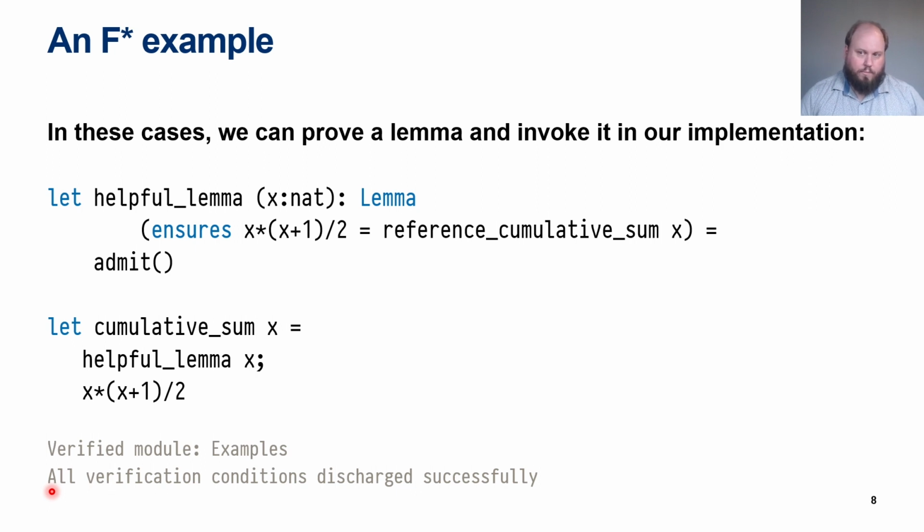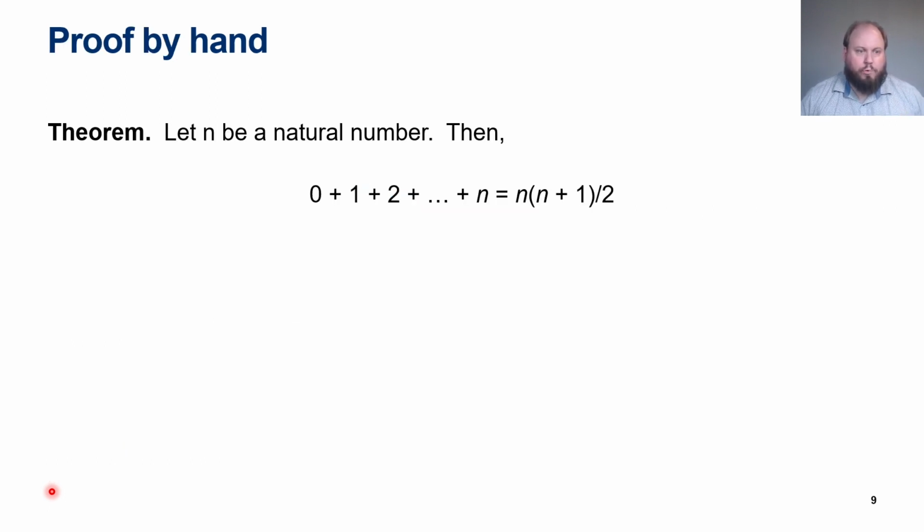So to start with, we can look at, well, how would we prove this by hand? We start out with some natural number n, and we want to compute 0 plus 1 plus all the way up to n, and show that this is equal to n times (n plus 1) all over 2. There are a few different ways that we could do this.